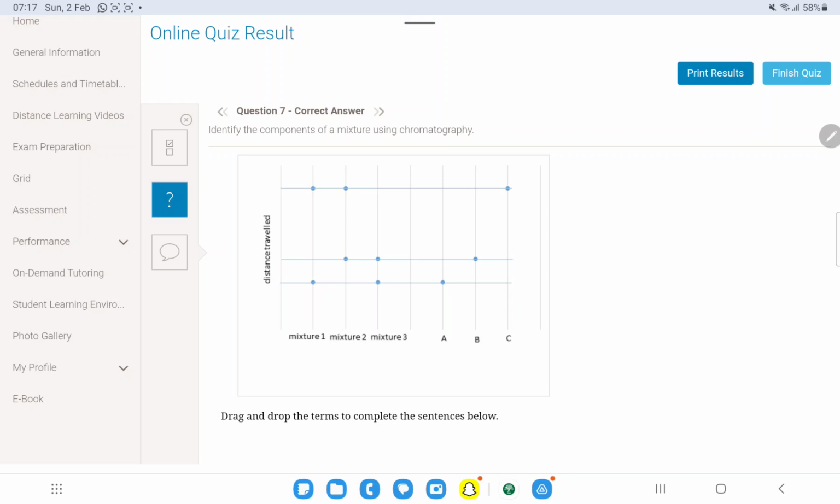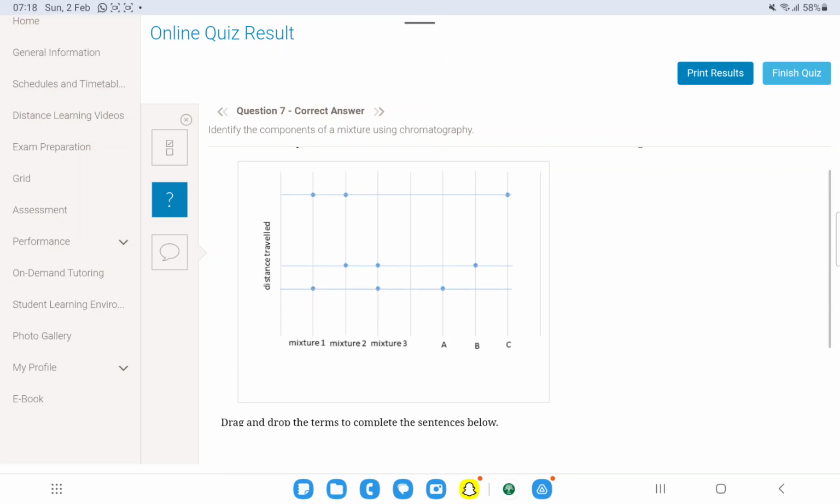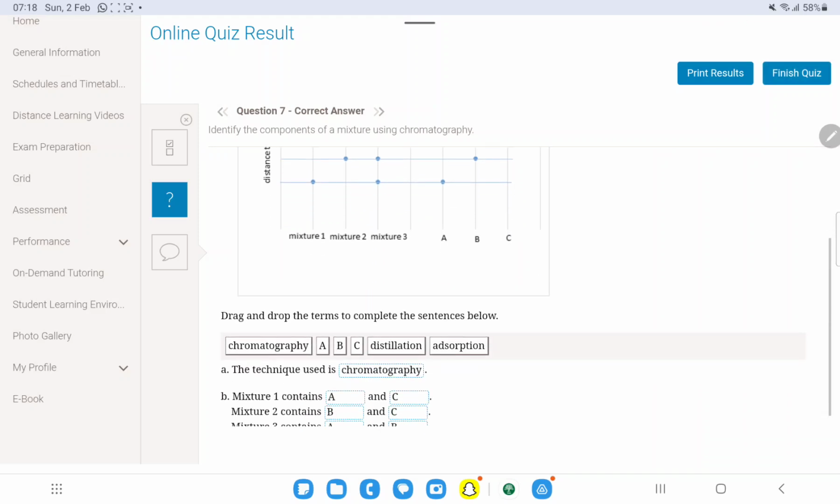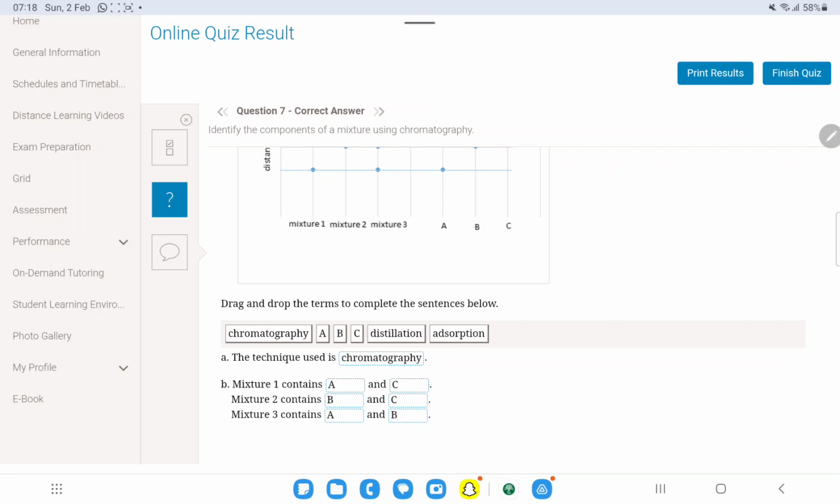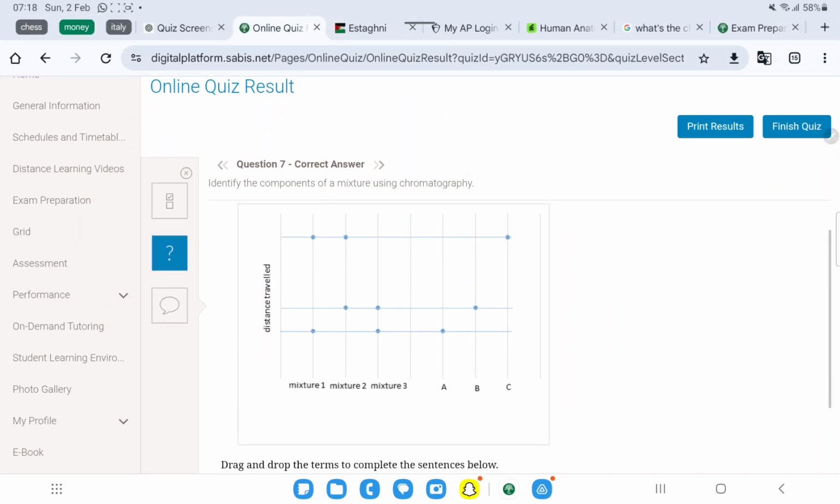We can tell that the separating technique used here is paper chromatography, because they tell us the distance traveled upwards by the mixtures. So the technique used is chromatography. We know that if components travel the same distance, then they are the same component.